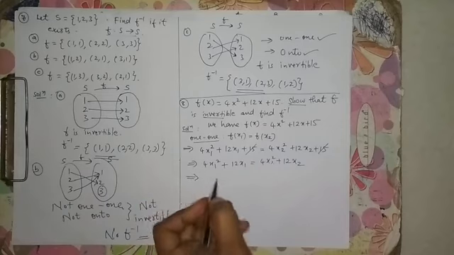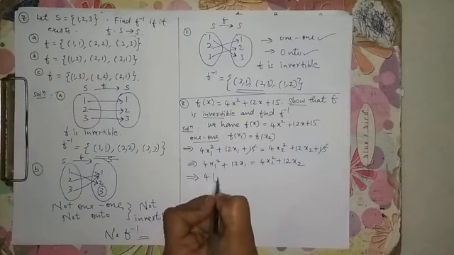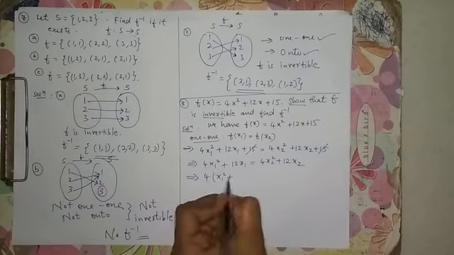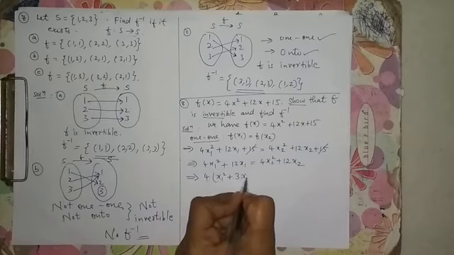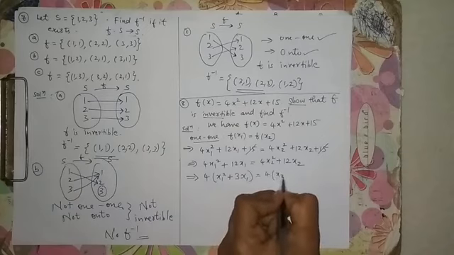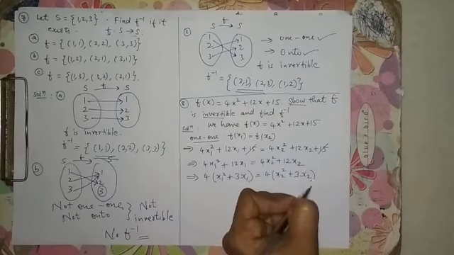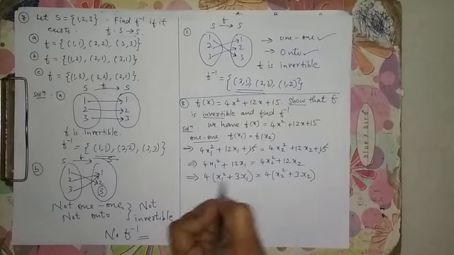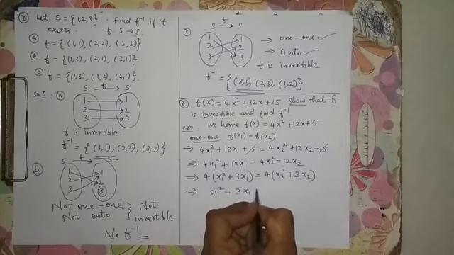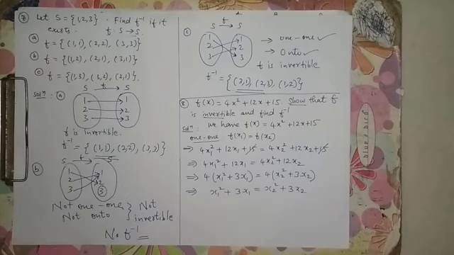Now you have to take 4 as common because 4 and 12 have 4 common. 4 outside, inside the bracket x1 square plus 3x1, that is equal to 4 outside, x2 square plus 3x2. Both sides are having 4, getting cancelled. So x1 square plus 3x1 is equal to x2 square plus 3x2.